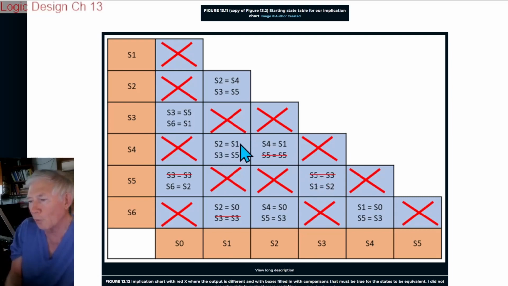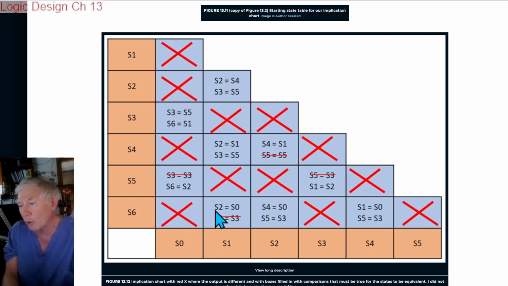How about 2 and 1? So here's 2, here's 1. 2 and 1, possible. How about 3 and 5? 3 and 5, possible. How about 2 and 0? Here's S0 and S2. Not possible. Okay, so we already know S2 cannot be equal to S0. So we're going to put a cross in here.